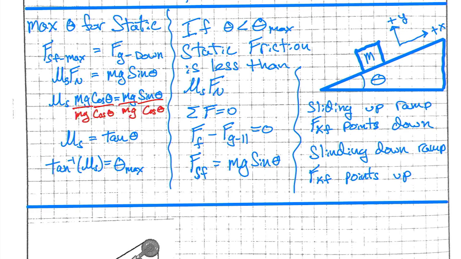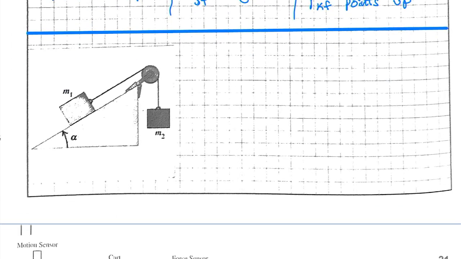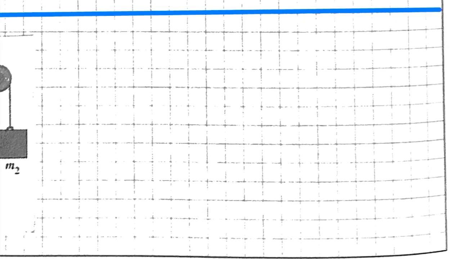Let's look at a modified Atwood machine. And again, we got a lot of stuff to fit in here, so be a little conscientious of the size of your writing. We're going to look at the situation with static friction first.